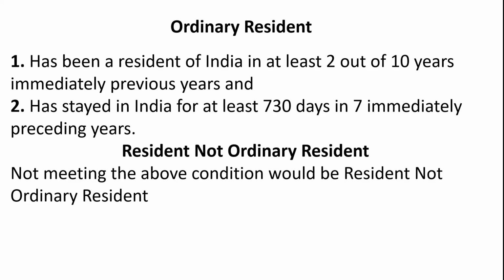A person becomes an ordinary resident if he satisfies both of two conditions, that is, has been a resident of India in at least 2 out of 10 years immediately preceding the previous year and has stayed in India for at least 730 days in the 7 immediately preceding years. If both conditions are proved, a person becomes ordinary resident, otherwise belongs to the state of resident but not an ordinary resident.